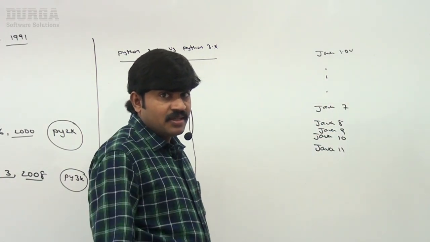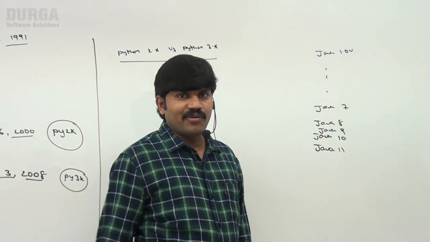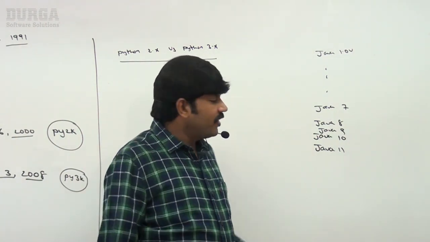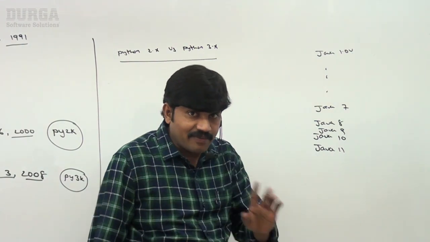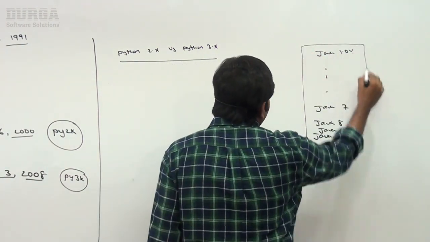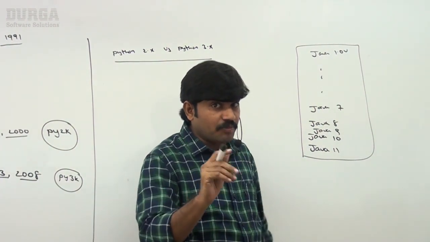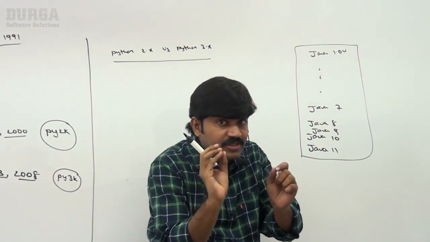Now my question is, when compared with Java, Python is a fast trending, growing language, right? What is the most recent version of Java? Java 11. Very important, sir. Please listen carefully to this 5 minutes discussion.